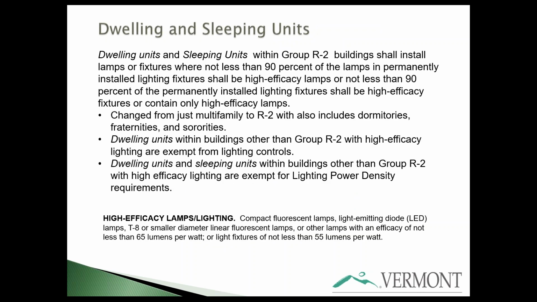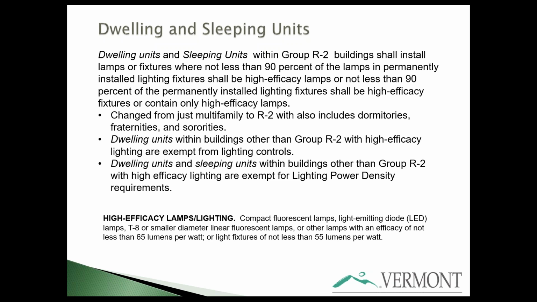Okay. Dwelling and sleeping units. Within Group R2, buildings shall install not less than 90% of the permanently installed light fixtures as high efficacy fixtures, which we defined a little while ago.